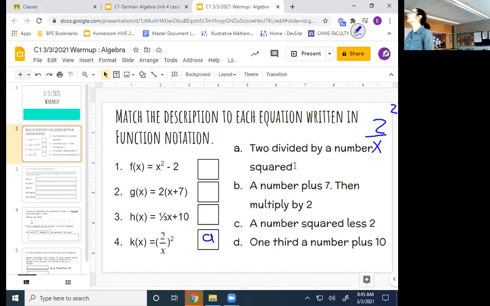Good. Now, next one. We're looking at B, a number plus 7, then multiply it by 2. Nice job, Junior. If we're saying a number plus 7, we're going outside of that order of operations. So what do we know it has to have in it?